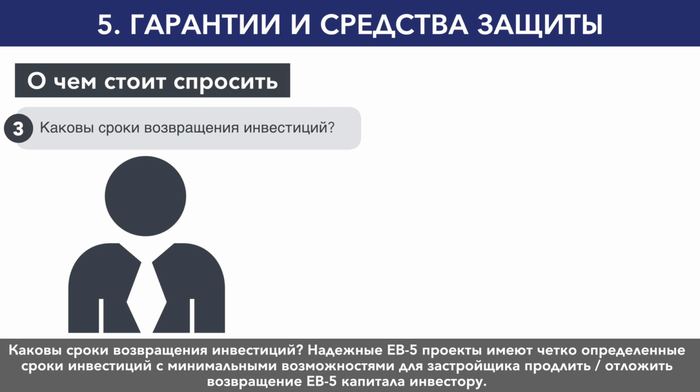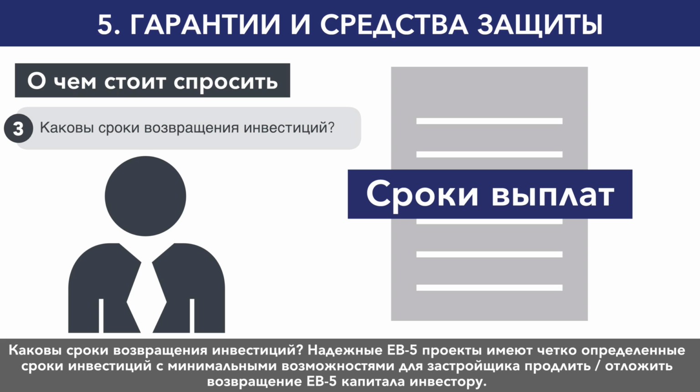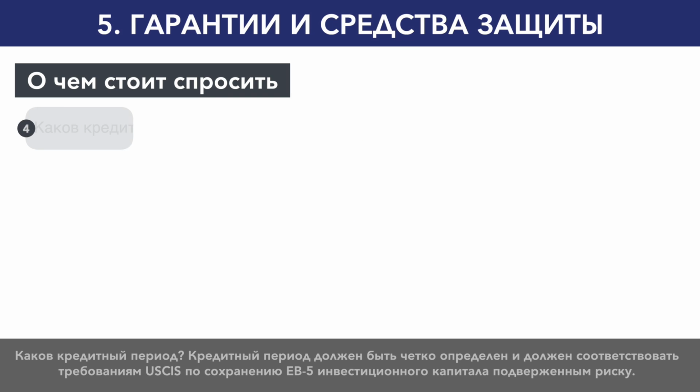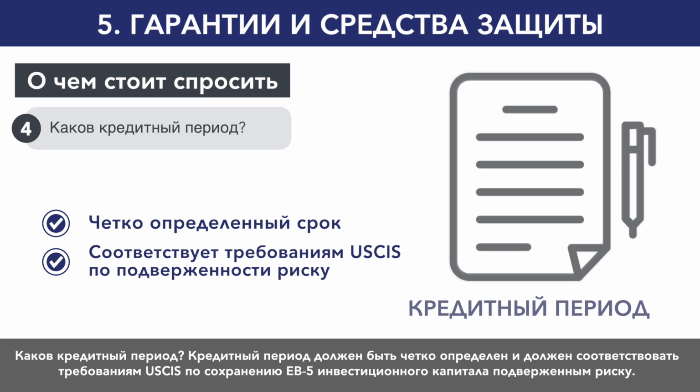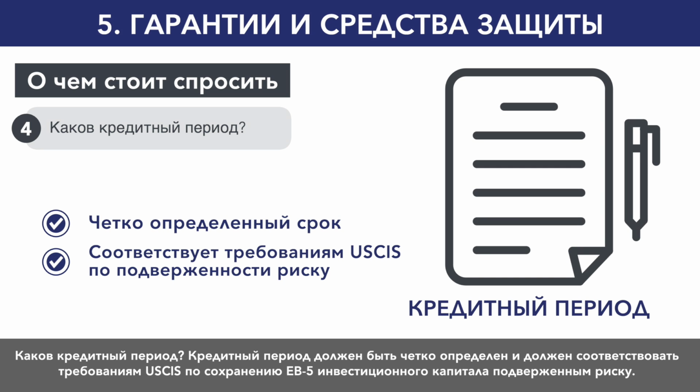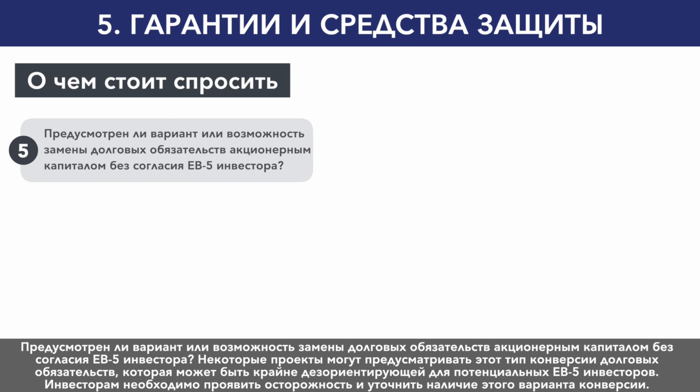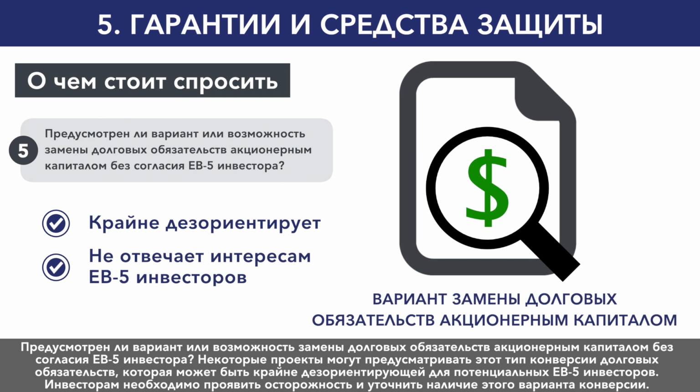What are the repayment terms? Strong EB-5 projects have a clearly defined term of investment with minimal flexibility for the project developer to extend or delay repayment of EB-5 investor capital. What is the loan term? The loan term should be clearly defined and meet USCIS requirements for keeping the EB-5 investment capital at risk. Is there any option or ability for the loan to be converted to equity without EB-5 investor consent?